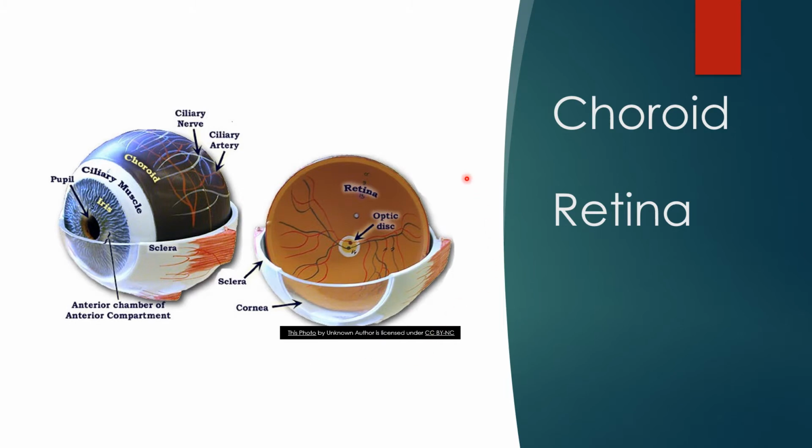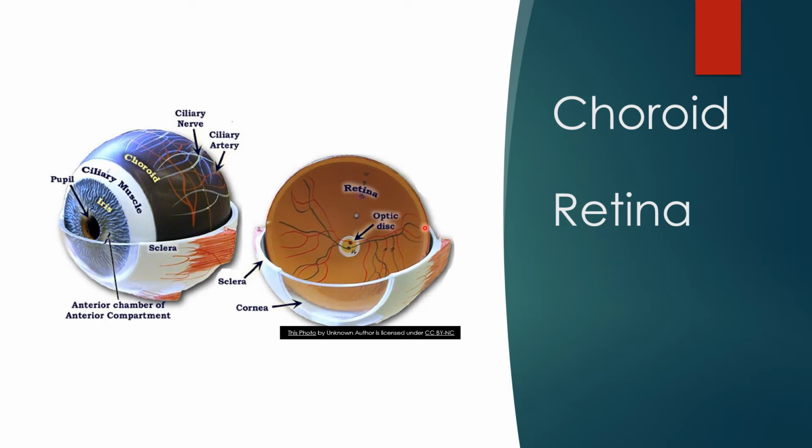Here we have the choroid and the retina. The choroid here, I thought these were really great models, is this dark pigmented layer that is between the retina and the sclera. This is primarily blood vessels which nourish the retina.